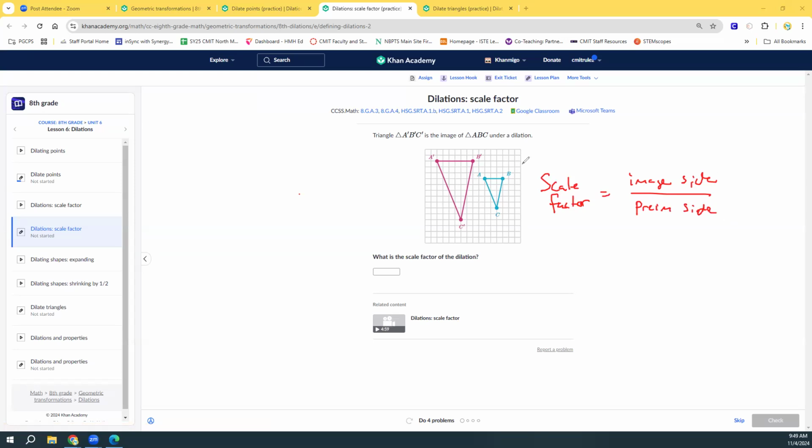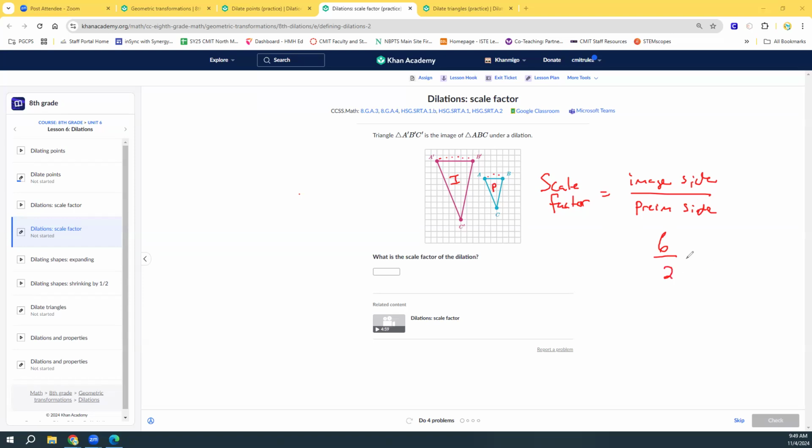So when I look at this, I got my pre-image right here, I got my image right here. So my image over the pre-image. Let's take this top side. We can just count 1, 2, 3, 4, 5, 6. And the pre-image is 1, 2, 3.